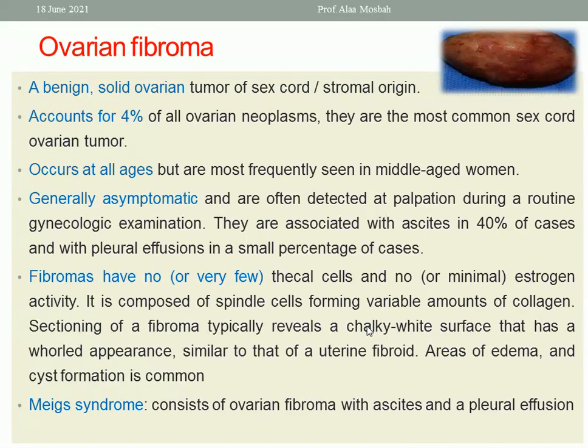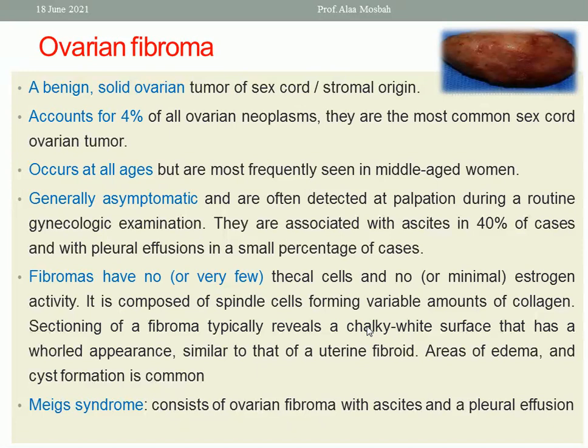Let us go to the ovarian fibroma, which is a benign solid ovarian tumor related to the sex cord stromal tumor classification of WHO, as you remember. Accounts for 4% of all ovarian neoplasms. They are the most common sex cord ovarian tumor.